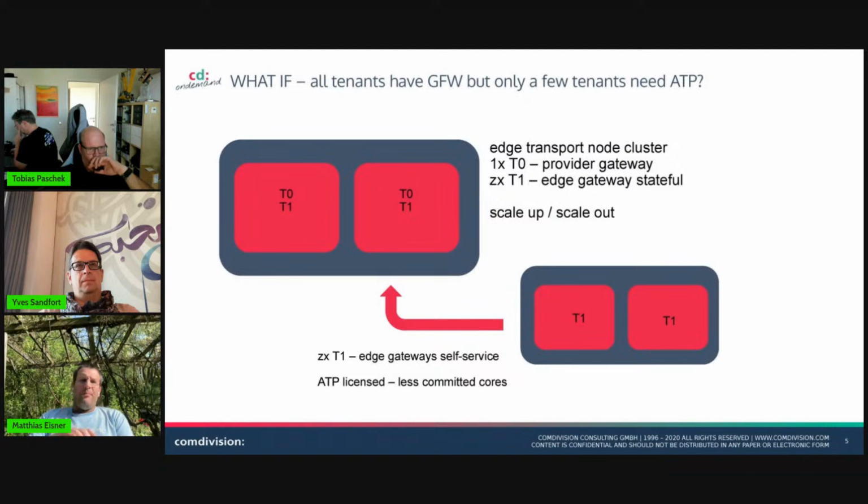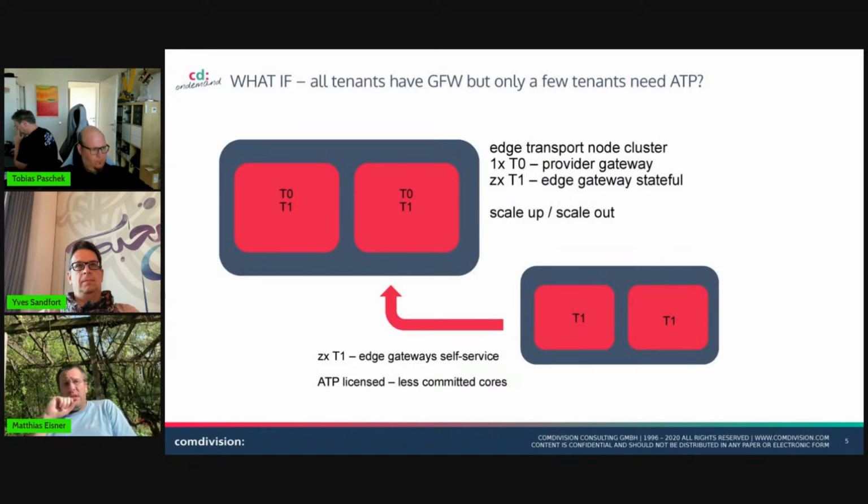All right. Speaking as of today, because we started talking ATP with Cloud Director 10.5.1, Gateway IDS/IPS is still a managed service. So there is currently no self-service around that.